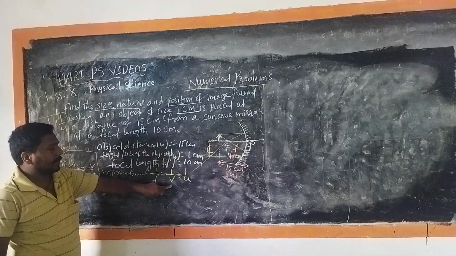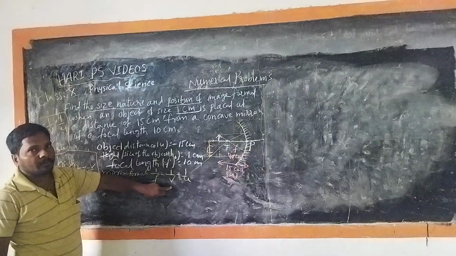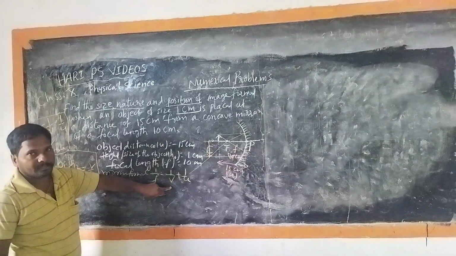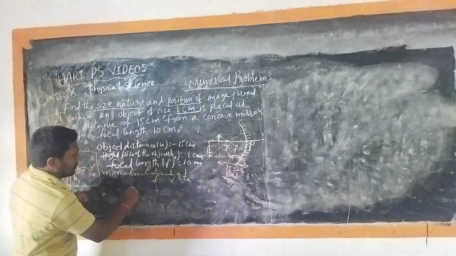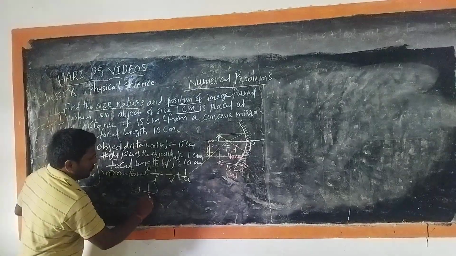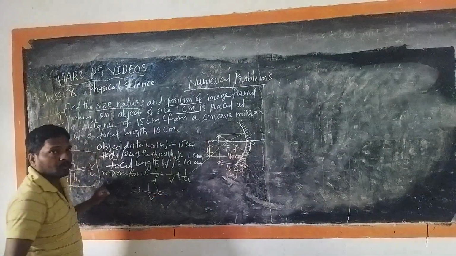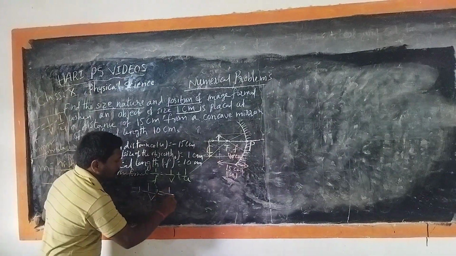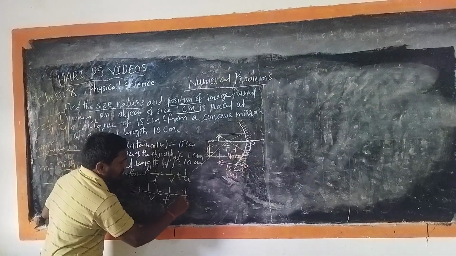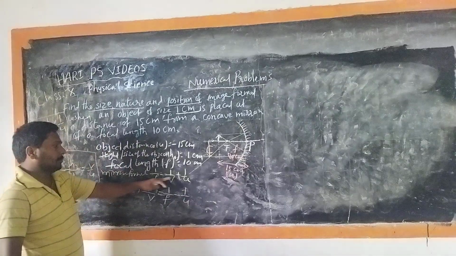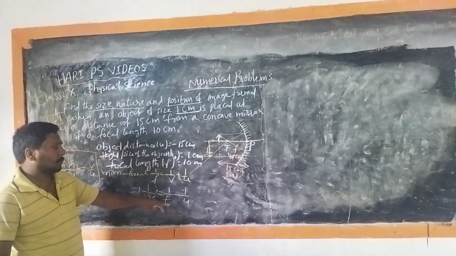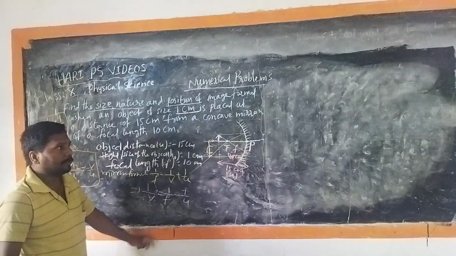Then what do we have to find? The image distance. From this, we write 1 by v is equal to 1 by f minus 1 by u.